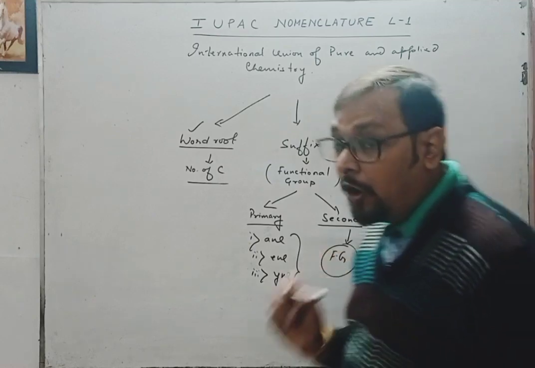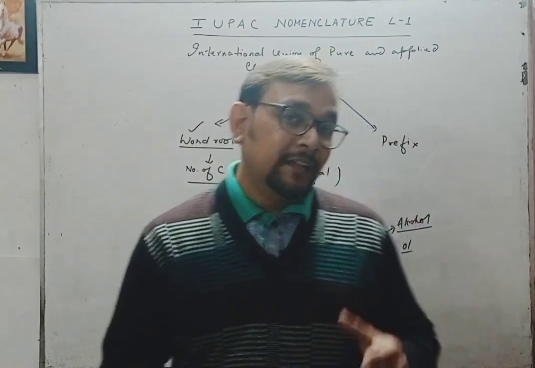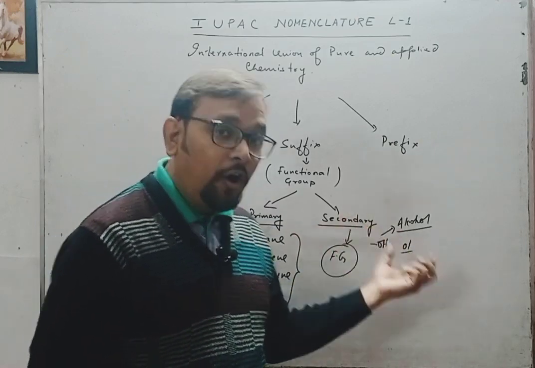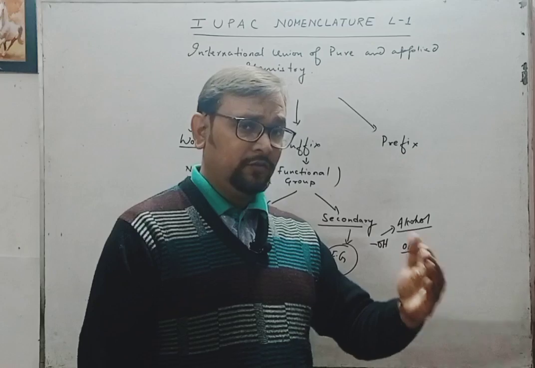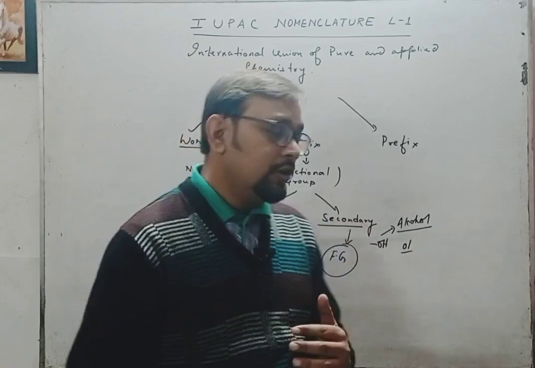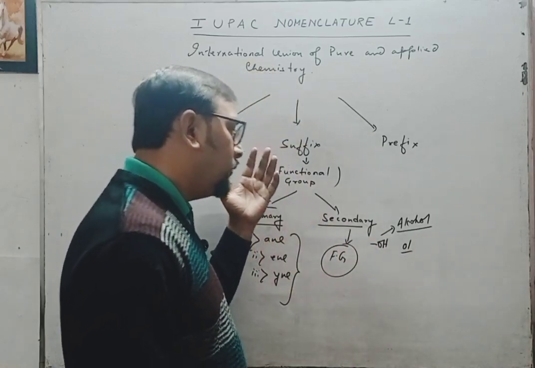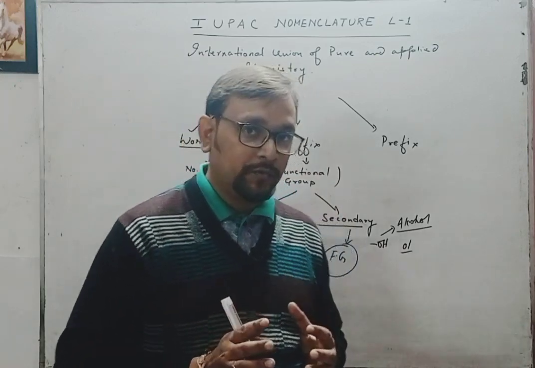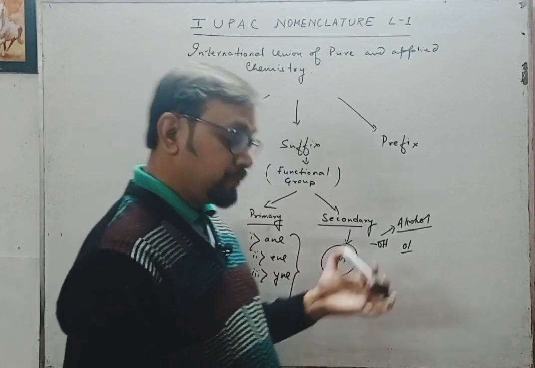It is -ol. So if the name has this -ol, then it shows that it belongs to the alcohol family. Understood? So we use secondary suffixes only for the functional groups.